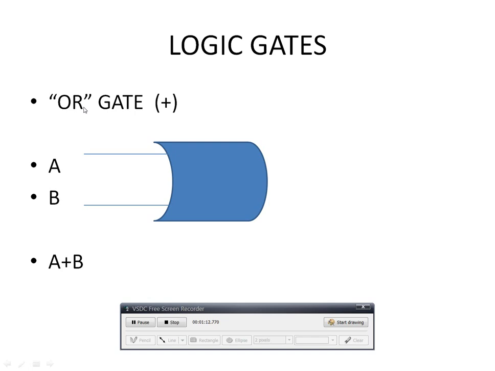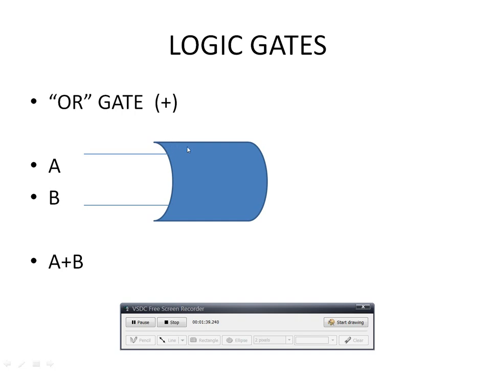The first is the OR gate, when you say this or that. The OR gate is also represented with the symbol plus. This plus sign also means OR when you're talking about logic.